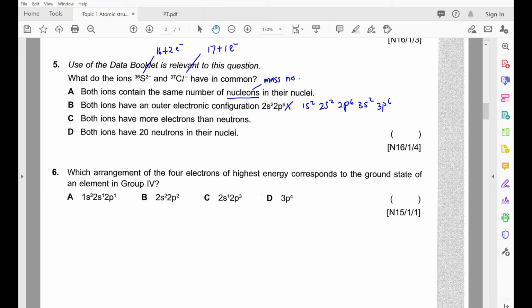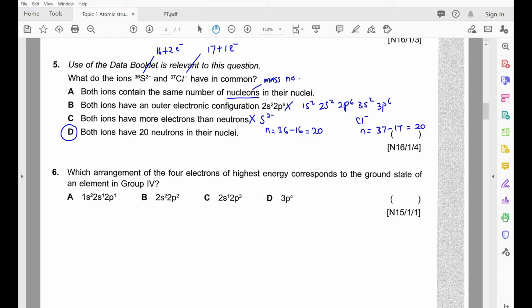Both ions have more electrons than protons. So sulfide has 36 minus 16, which is 20 neutrons, and chloride has 37 minus 17 protons, that gives us 20 neutrons. So in both cases they have more neutrons, not more electrons. And the answer is D.